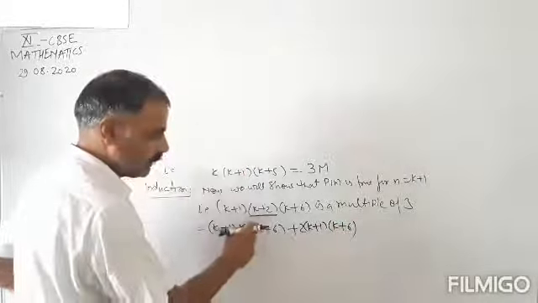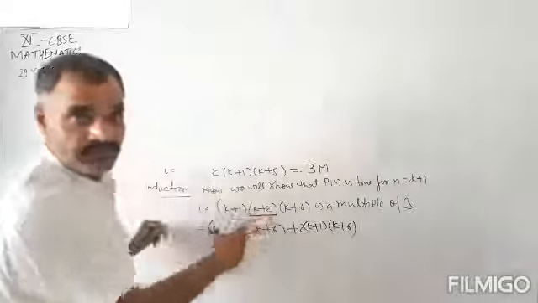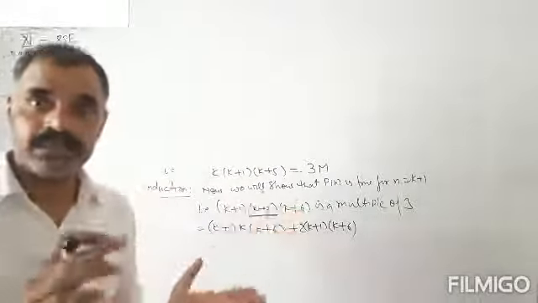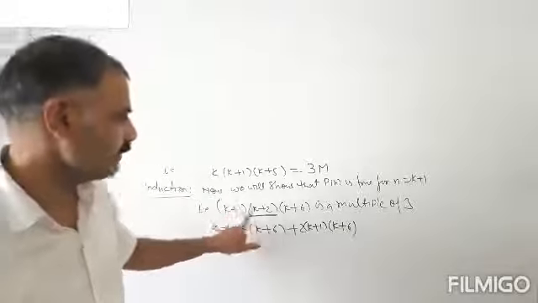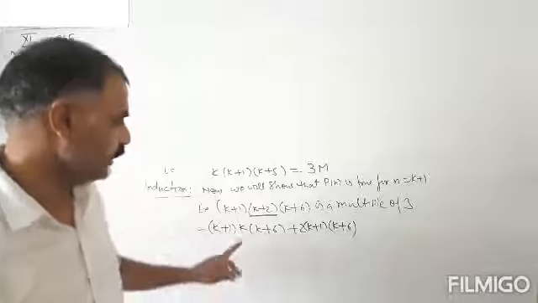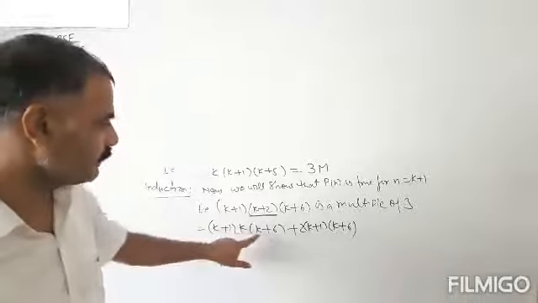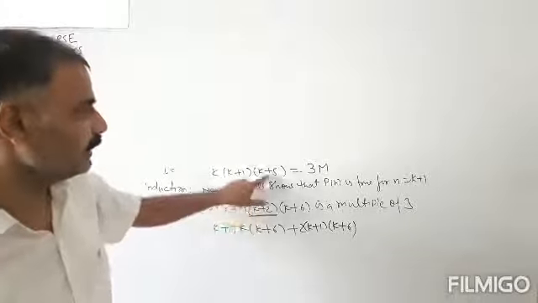Now we have split k plus 2 into k and 2. So k and 2 multiplying (k plus 1) and (k plus 6). Now we have k plus 1, k plus 6, and we want k plus 5.